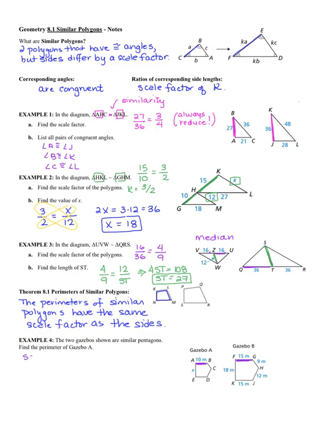So my scale factor is going to equal 10 to 15, which reduces to 2/3. And then I know that the perimeter of gazebo B, if I go through and add up all the sides, it's going to equal 69. 15 plus 12 plus 9 plus 15 plus 18 adds up to 69.